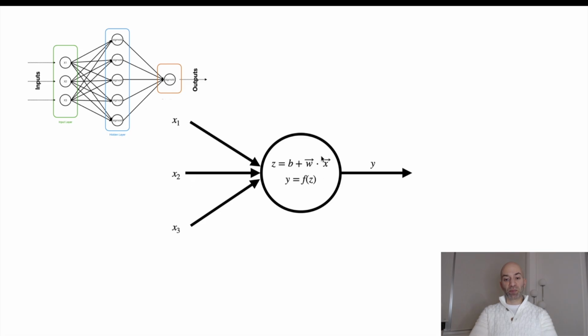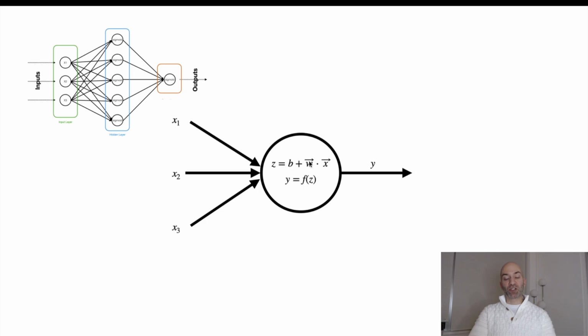And we compute the dot product of this vector with a corresponding weights vector, W. And this vector has elements that represent the weights on each of the inputs corresponding to X1, X2, and X3.